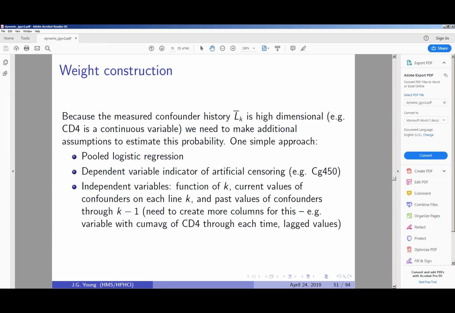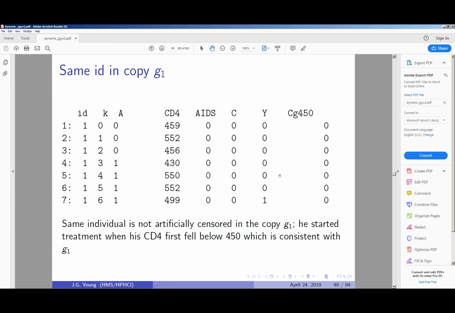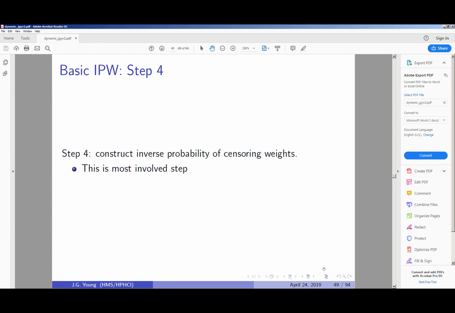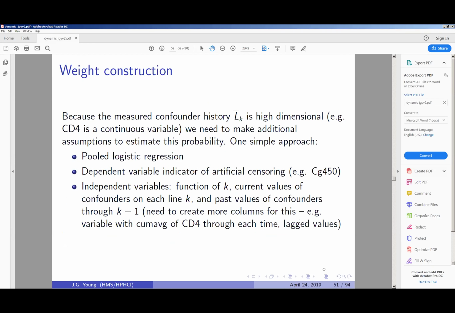So one very simple approach is to just fit a pooled logistic regression model, pooled over time. Using the pooled over time data in the artificially censored copy, we fit a logistic regression where the dependent variable is an indicator of artificial censoring. Just going back to what that looked like, that was this guy in copy G1 and this guy in copy G2. So that's our dependent variable.